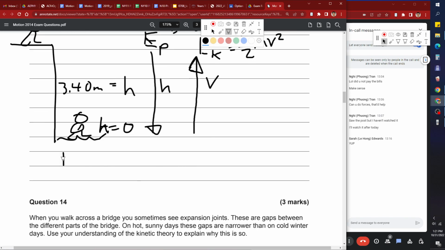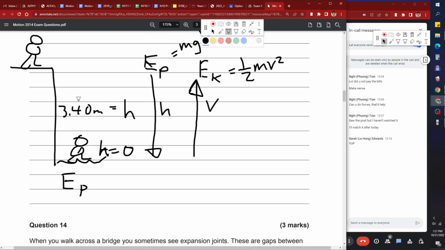So very easy for us to do. The potential energy at the top is equal to the kinetic energy at the bottom. Because up here, he has 0 kinetic energy, remember? His starting velocity is 0. But as he transitions downwards, down here, he has all kinetic energy and no potential energy.